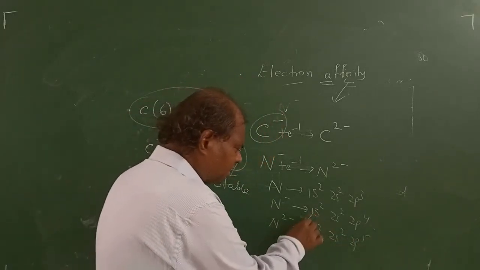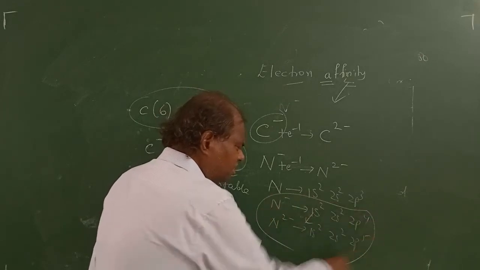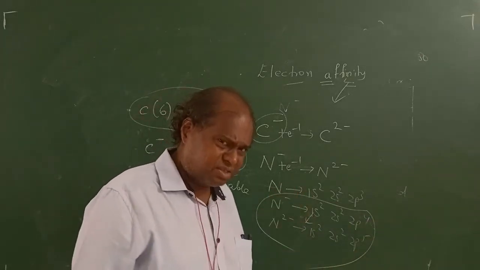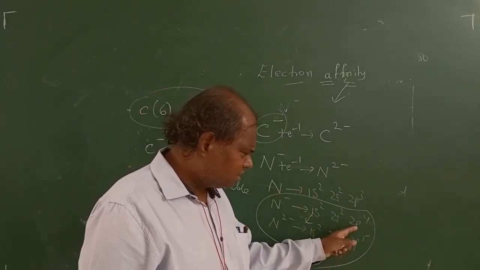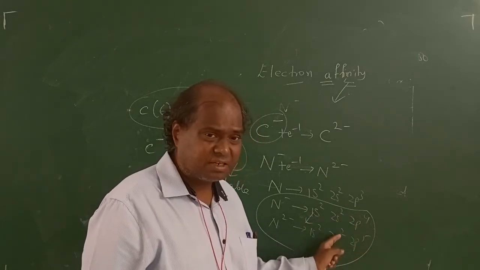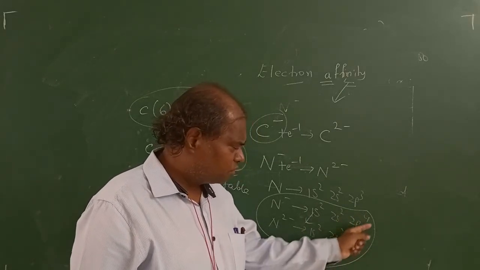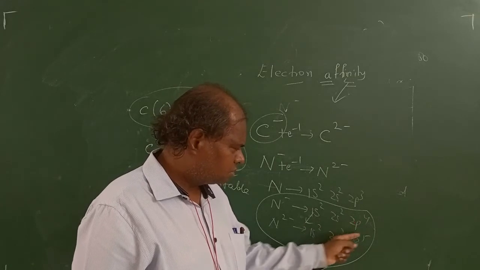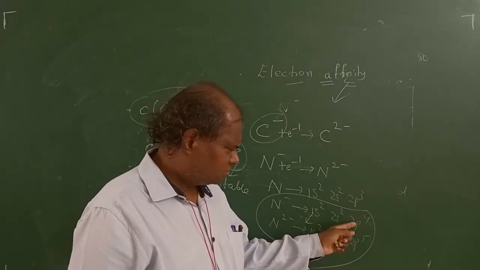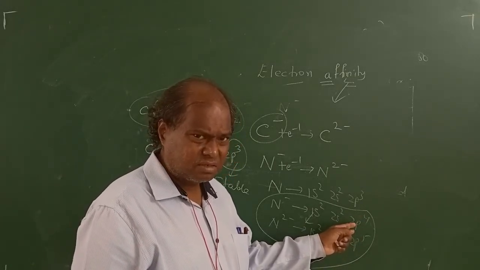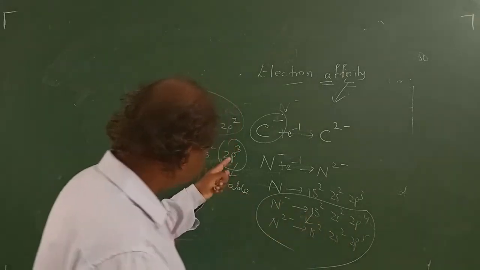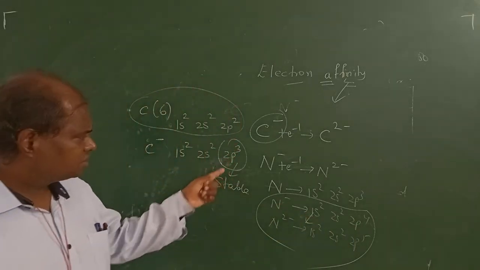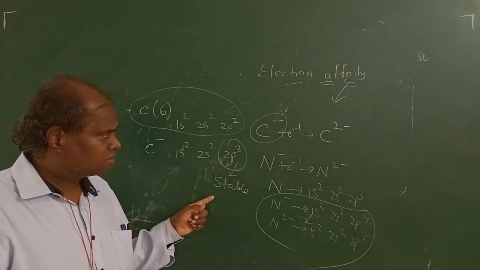Now if you want to convert N minus to N2 minus, it is difficult, again I repeat, but you are not disturbing any half fill. See, 2p4, correct? No disturbance of half filled. Clear? But here you are disturbing a half fill configuration, disturbing a stable one.